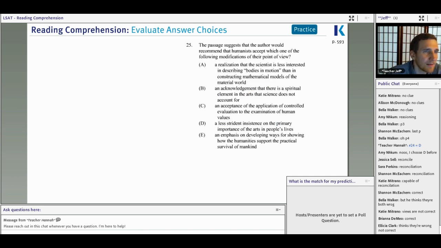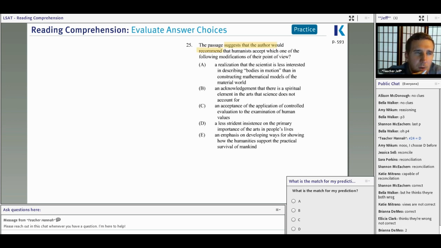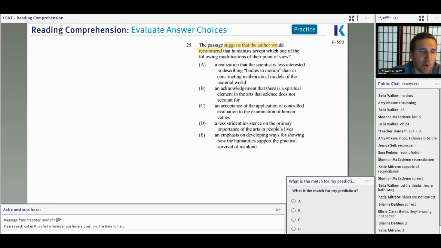All right, question 25. This is an inference question because it's talking about what the author suggests. Where would you be researching this question? Because it does give you a clue. It says author recommends. Where does it talk about how the humanists could modify their point of view? Careful, careful.